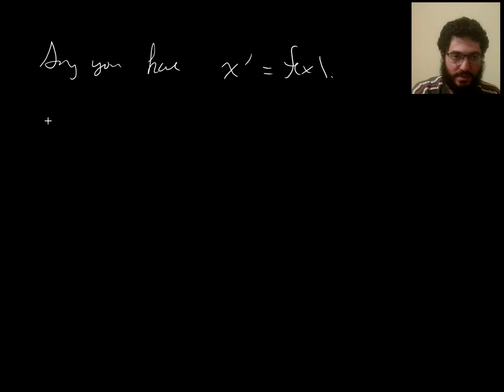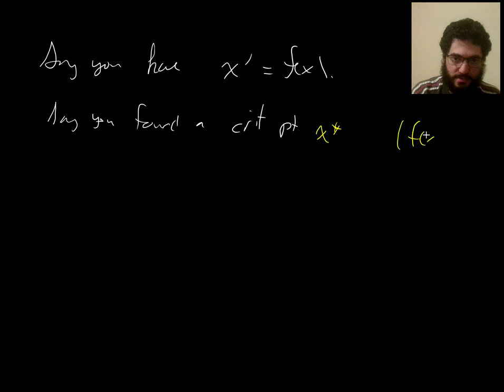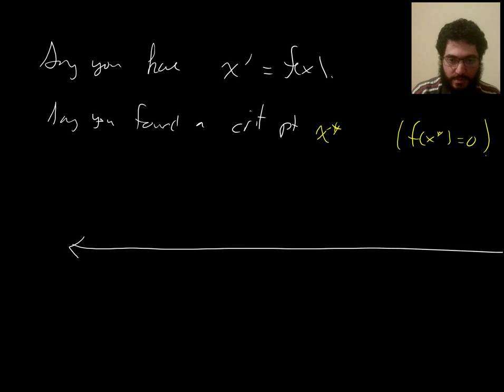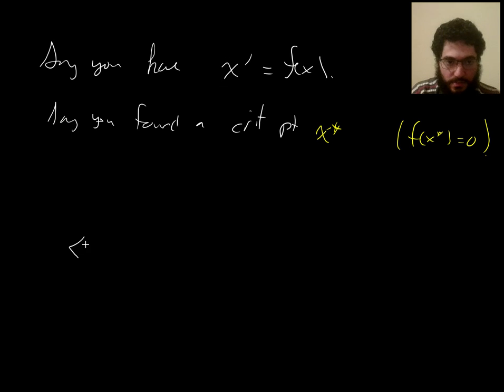Then say you found a critical point, x star, meaning you just found that f of x star equals 0. That's all that means. Then on your phase line, maybe you will find many critical points, but let me just focus on one.